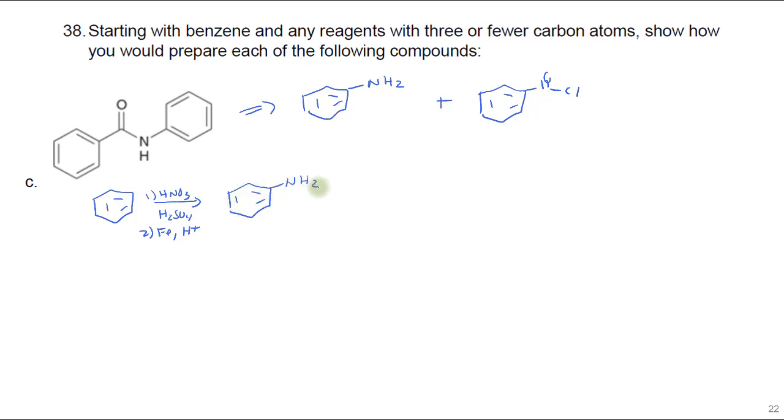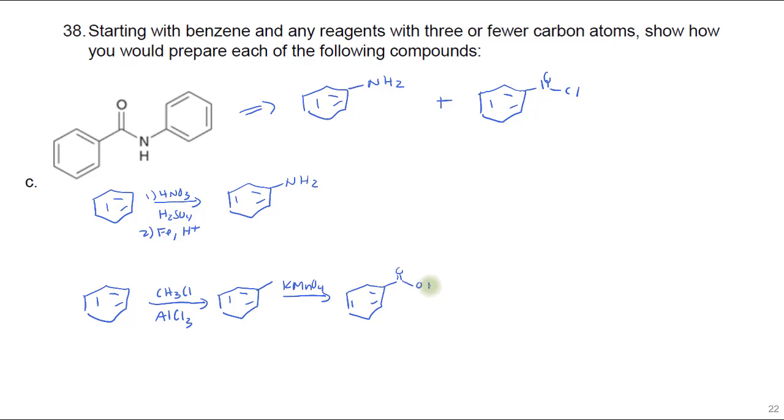And then to make my benzoyl chloride, do a Friedel-Crafts. I'm going to oxidize it. And then convert it to the acid chloride. And then you can stir those two together to get your target molecule.